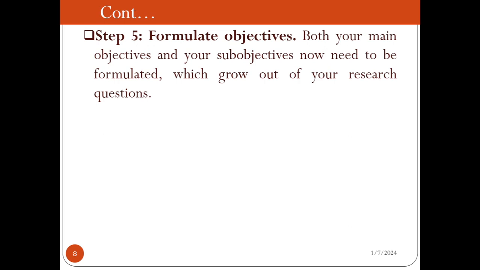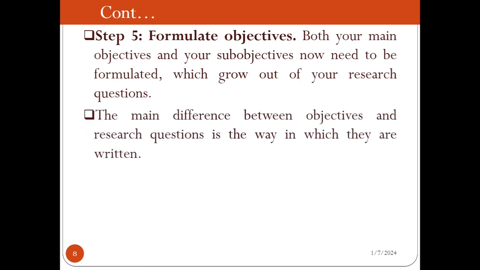Moreover, in terms of structure, a research question is a question, but research objectives are statements. They are usually positive, and they contain action verbs. Action verbs show operational things, like things we can do, where we can operationalize things.